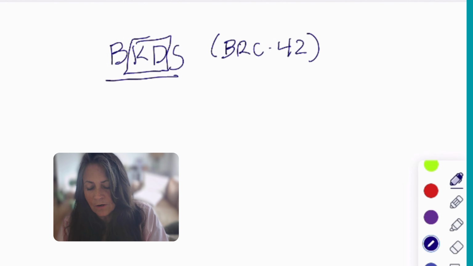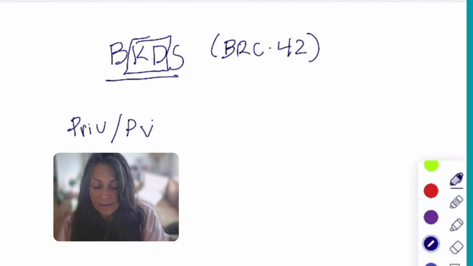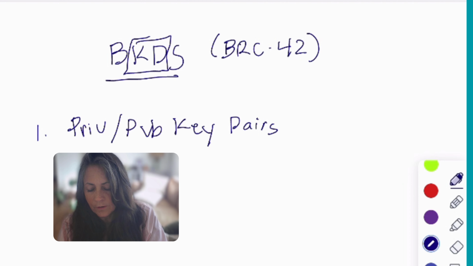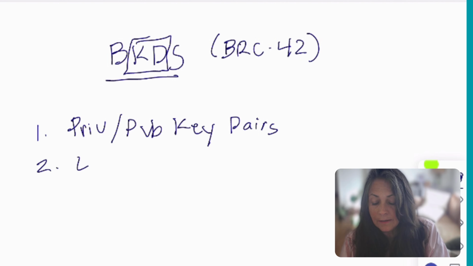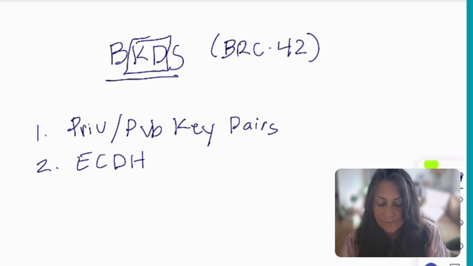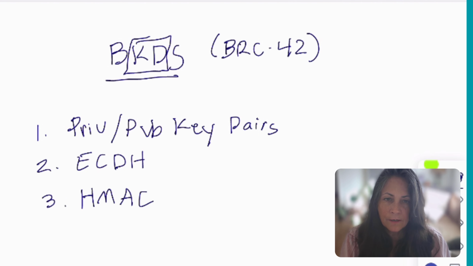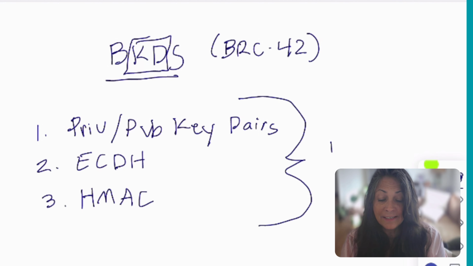First, we're going to talk about private public key pairs, and we're going to talk about ECDH, and we're going to talk about HMAC, because all three of these are involved in ECC, as we're discussing here.